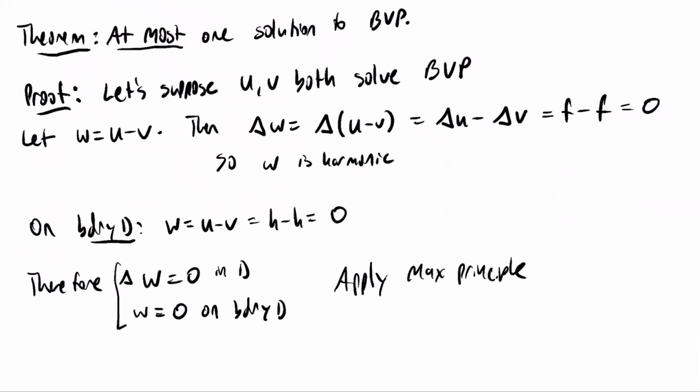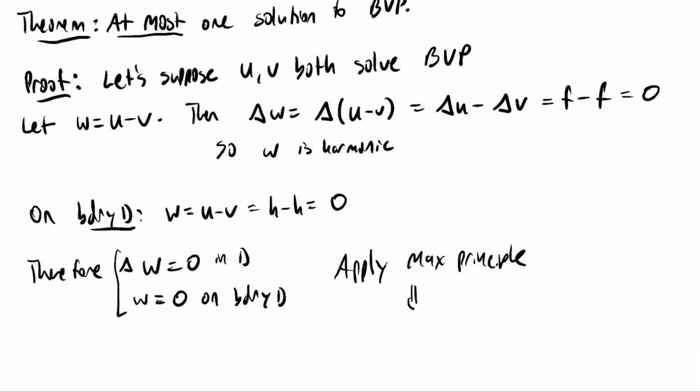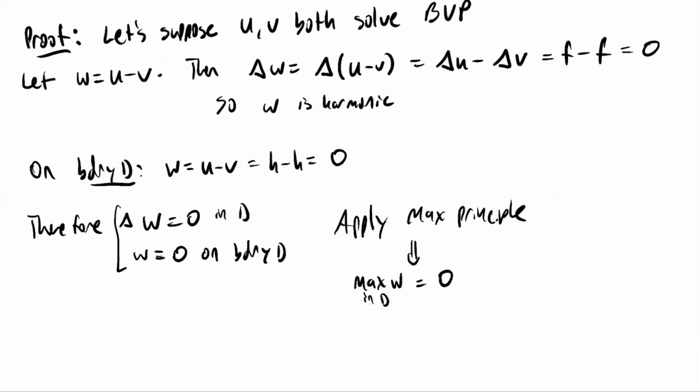It's harmonic, so by the maximum principle, the largest and smallest values have to occur on the boundary. But it's equal to 0 at every single point on the boundary. So the maximum principle tells us that the maximum of w in the domain D is 0, since w is equal to 0 at every point on the boundary. And also that the minimum value of w is equal to 0.